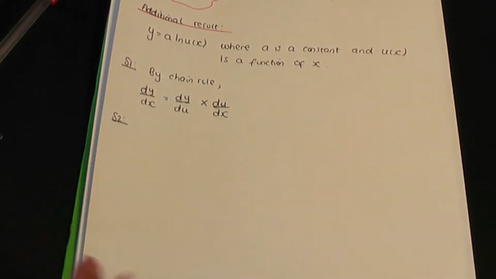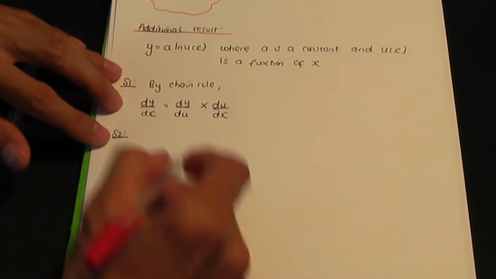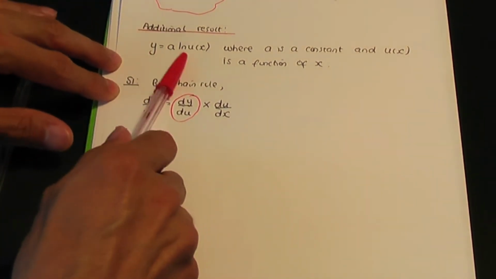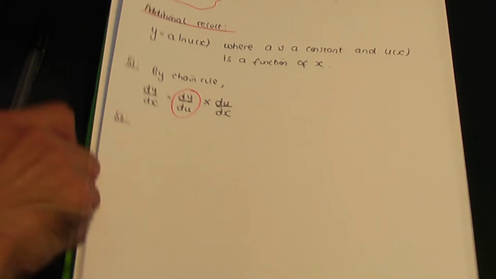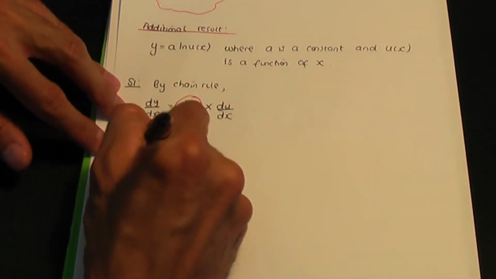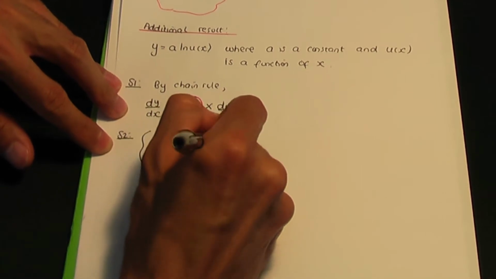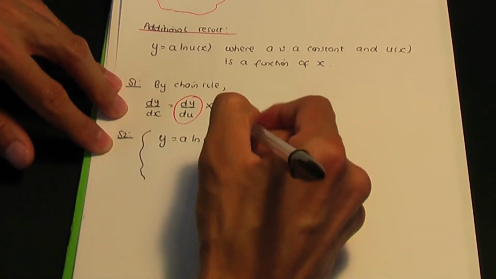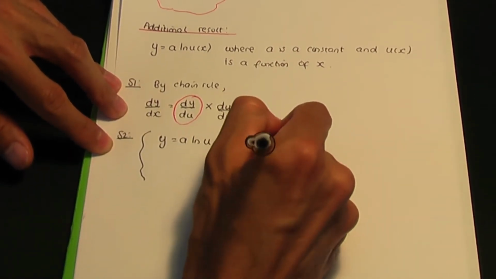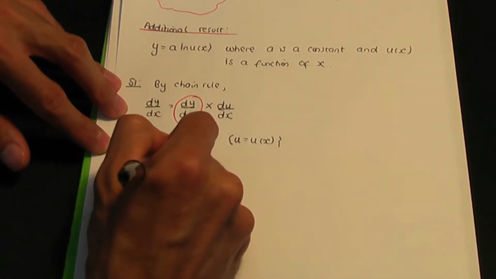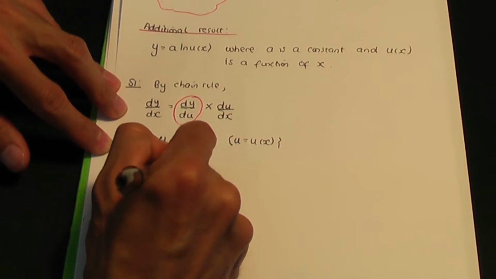Now, in the second step, so I'll call this step number 2, let's work out dy over du of this function y equals a ln u(x). So let me do that as a side calculation. So y is a ln u, okay? So my u is the shorthand for u(x). And let's find dy by du.